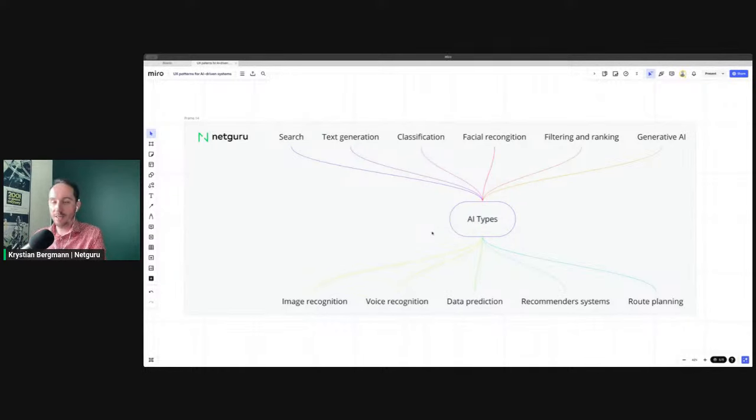These are kind of AI types that are very common in terms of solving UX UI problems. Of course, there are like bunch of other use cases, right? Hundreds of them.